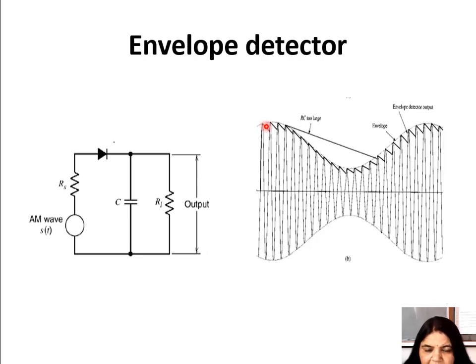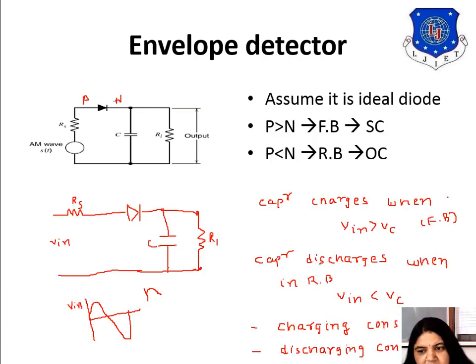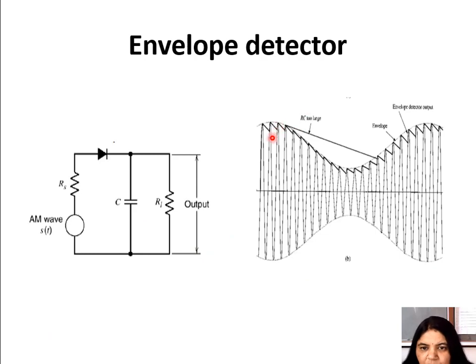The capacitor discharges, okay, because here you can see that this is falling, so the capacitor discharges, again the capacitor charges, the capacitor discharges. When it charges, it depends on which value? The charging constant RsC. This charging constant and discharging constant, through which we can get it.